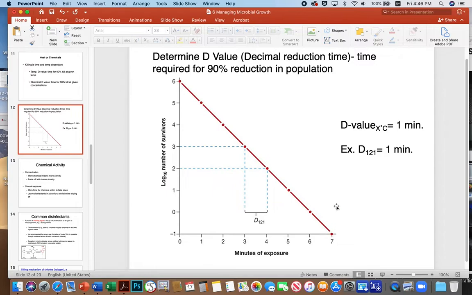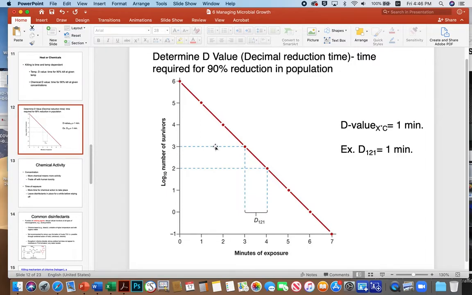You plot this death rate, and then you can figure out the D value by simply eyeballing. In this particular case, any 2 points that represent a 1 log reduction in the population give you your D value. Here we have 1,000 cells dropping to 100. How long did it take for that to happen?